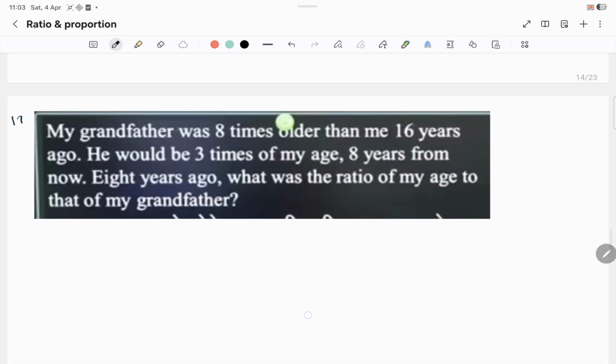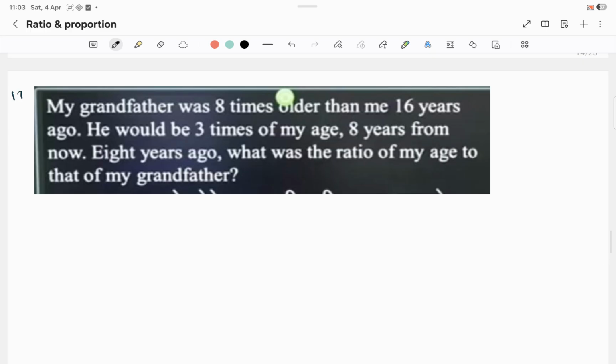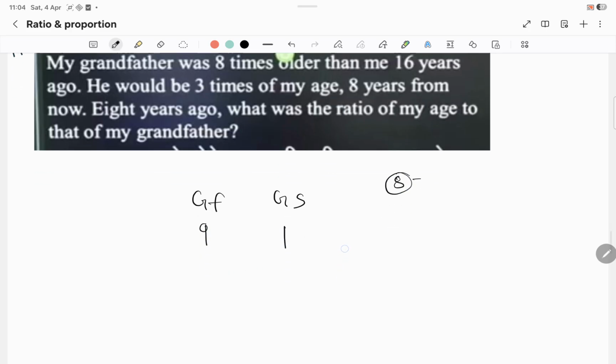Next, my grandfather was 8 times older than me. Grandfather and grandson. Older than me means difference. Grandfather to grandson, the difference must be 8, so this must be 9 and 1. Now the difference is 8, satisfied.